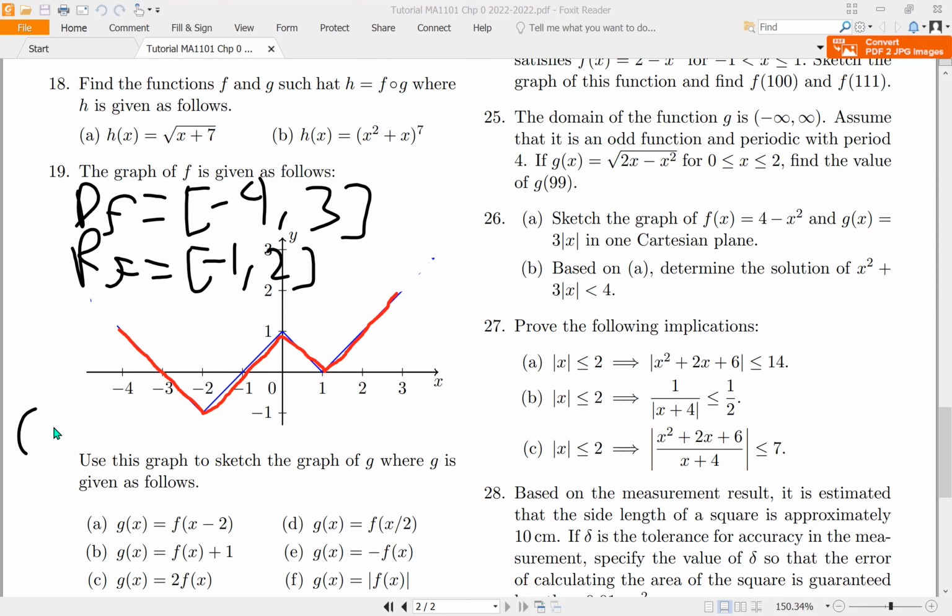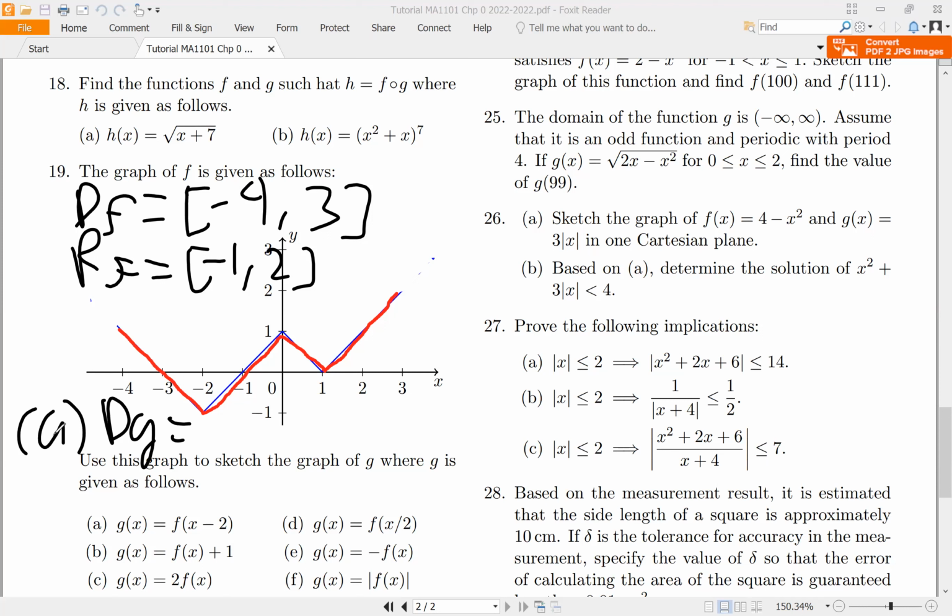So if you want the domain of G, G is a composite function of f and h, f circle h, where h of x is x minus 2. Or you just translate the graph 2 units to the right to obtain the domain. So those are two approaches for this problem.